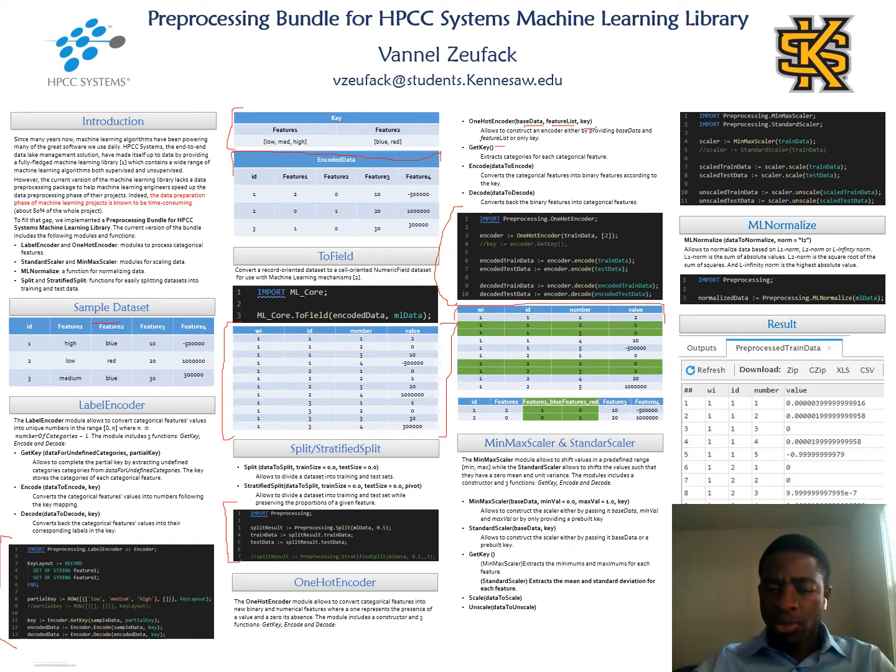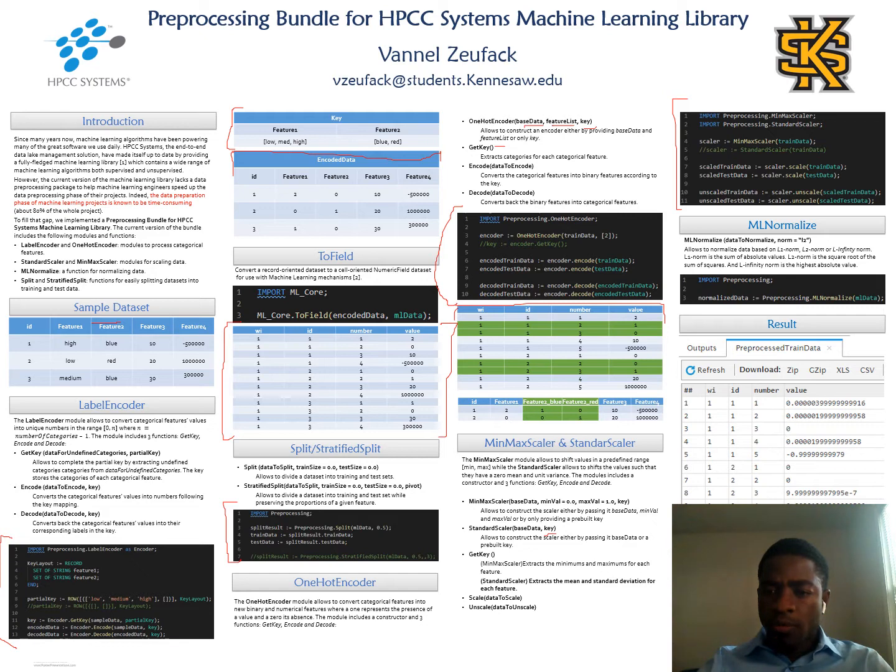The min-max scaler constructor takes as parameters some base data from which the minimums and maximums will be extracted, and then a minimum value and maximum value, which default to 0 and 1. The standard scaler takes as parameters some base data and then a key if you already built the standard scaler. On top here you have the little code snippet showing how you could call each of these modules.